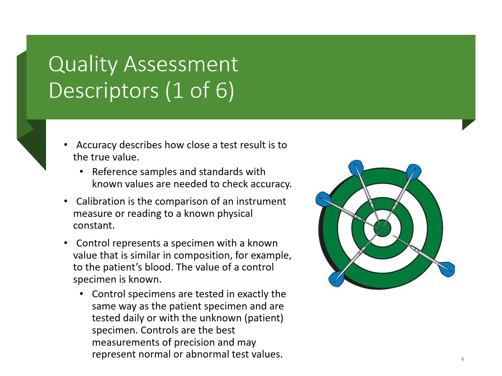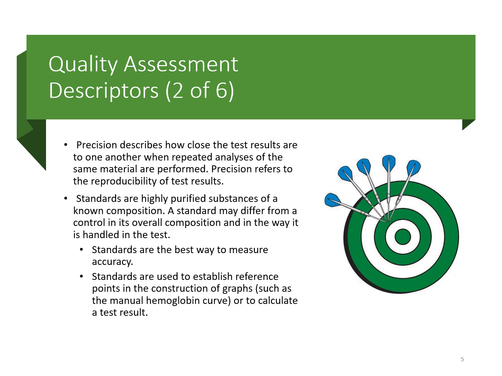It could be once a shift, it could be once a day, whatever's established. You're going to run that quality control material just like you would a patient sample, and it's going to look to make sure that you've not had any variations of that analyzer. And if you do start seeing that the quality control is starting to shift a little bit, then you may need to start looking at some things and doing some adjustments.